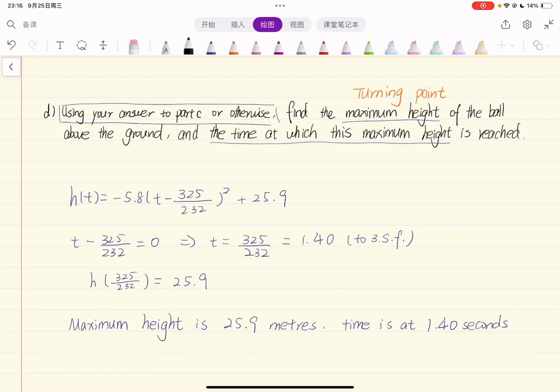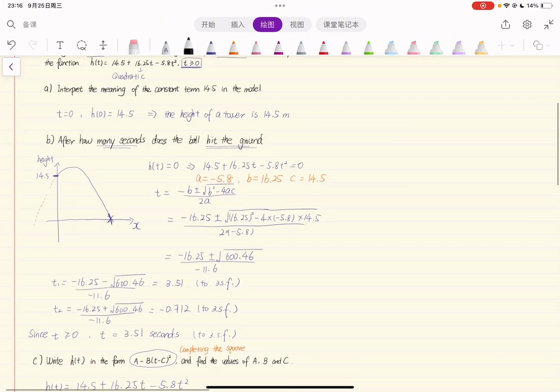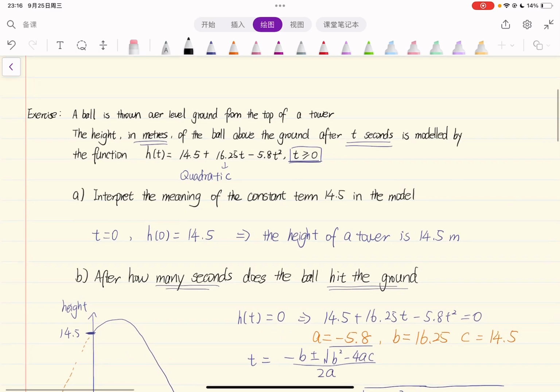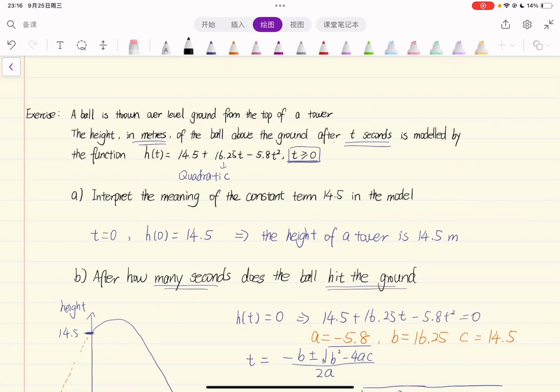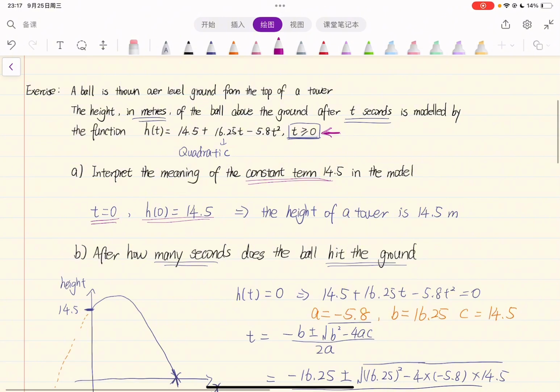Now we have done this question. Let us quickly see the whole process. When you do questions relating to real life situations, you first need to consider the precondition and interpret the meaning of the constant term. The constant term is when t equals 0, so what is left is h(0), the starting point of this situation.